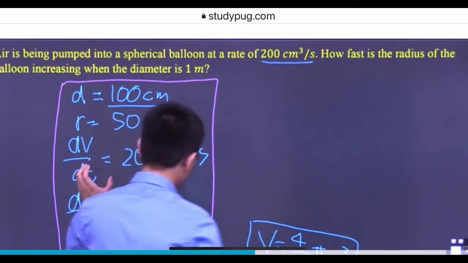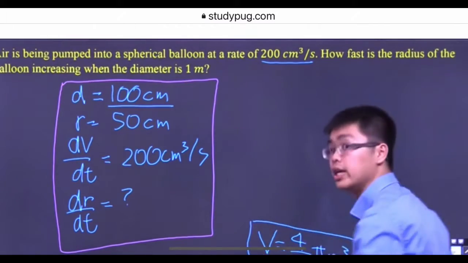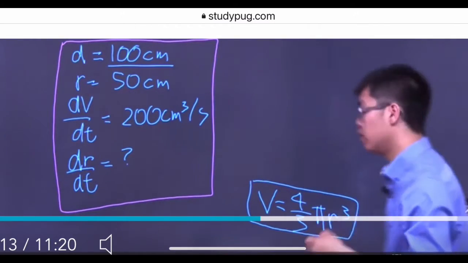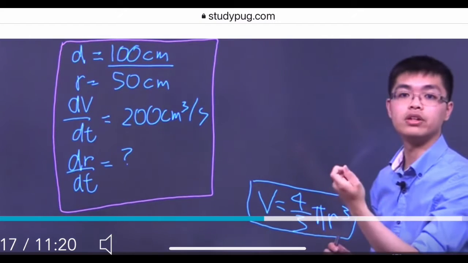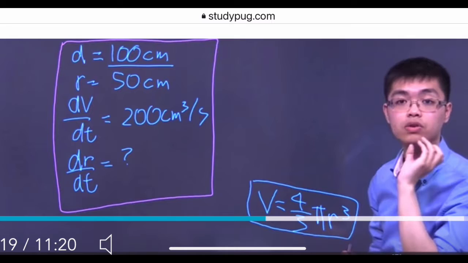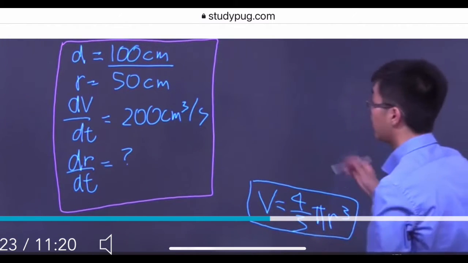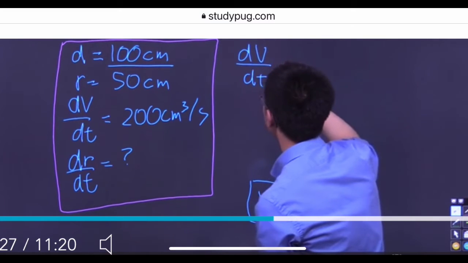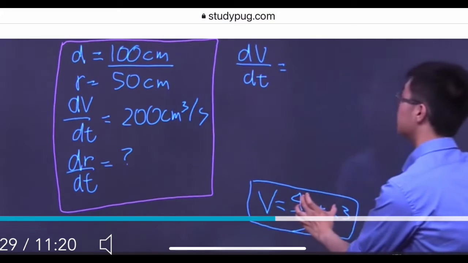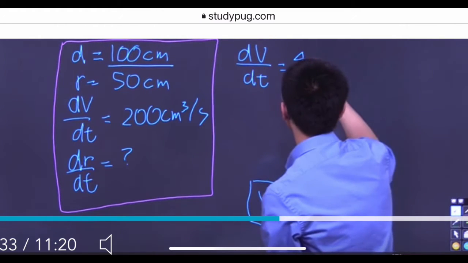Since we have dV over dt, why don't we take this and take the derivative? We're not just taking the derivative, but we're taking the derivative in terms of time. So everything's over dt. If I take the derivative of this, I have dV over dt, and this is equal to 4 over 3 pi, just constants, so I can leave them there.